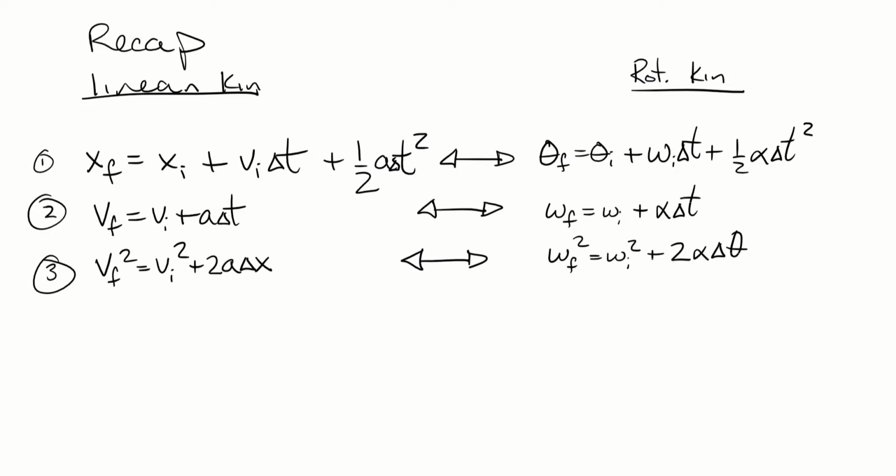Where we had an angular position equation, an angular velocity equation, and then if we took those two equations and eliminated the time from them, we got this third one that was a combination of those two. But exactly the same thing, except we use this new definition of angular position and angular velocity.